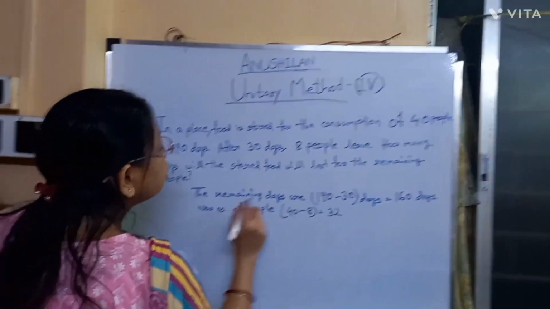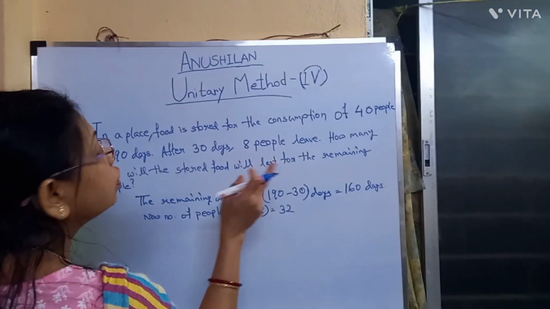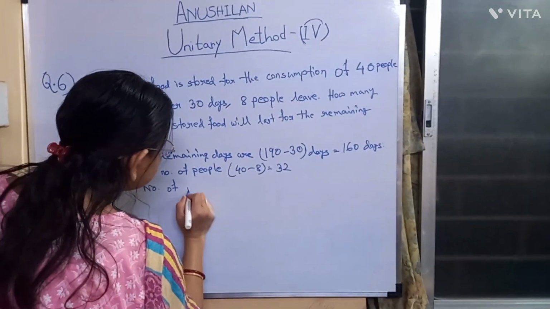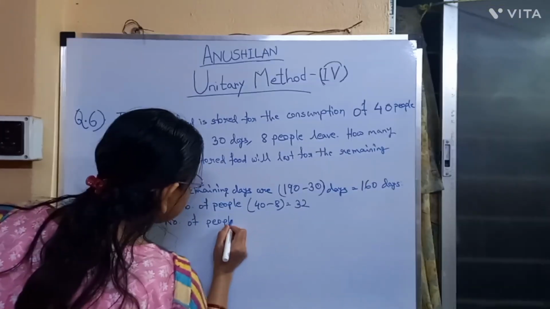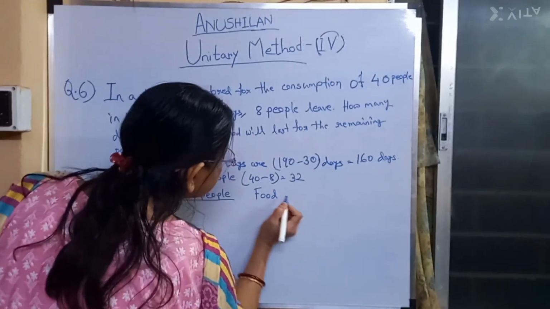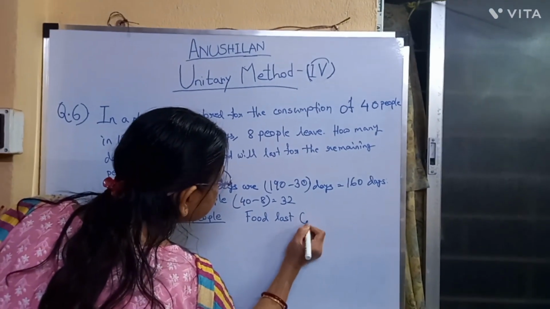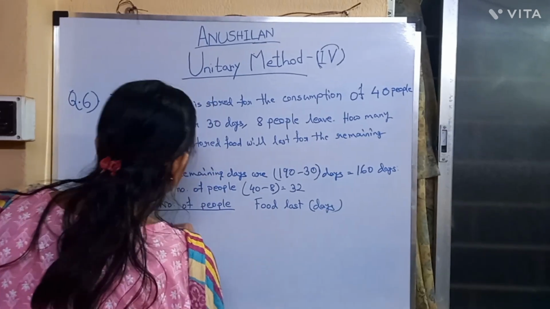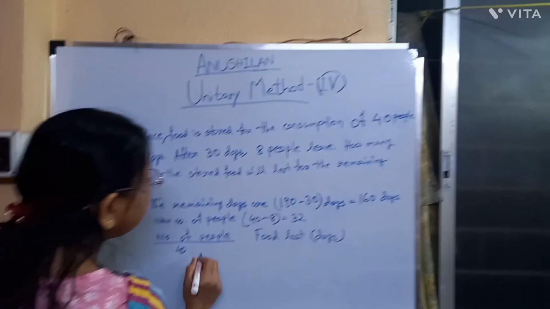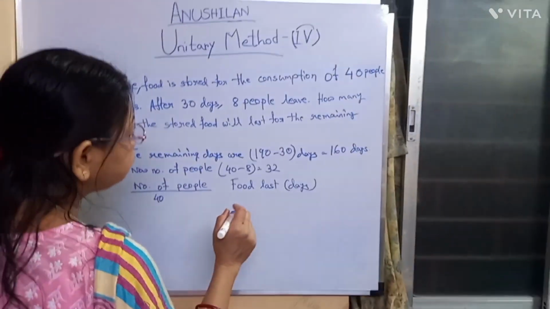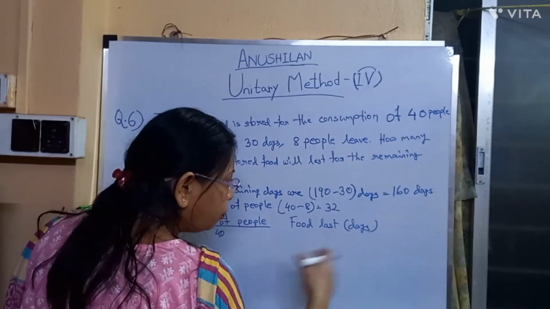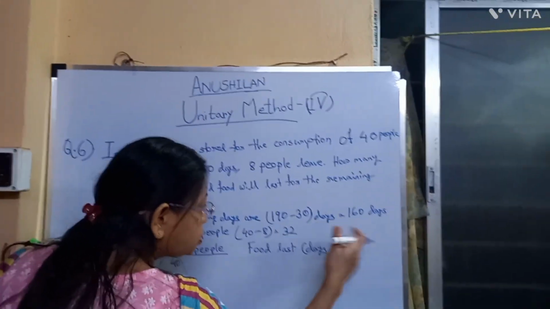Structure is, number of people, food last. Number of people is now, at first it was 40. If 40 people feed, then by the remaining food it will last for 160 days.